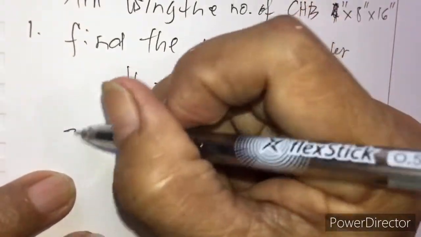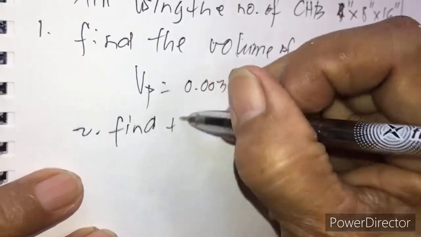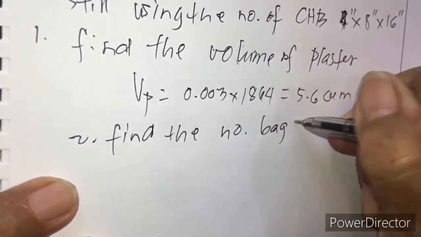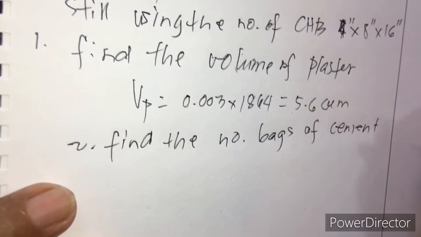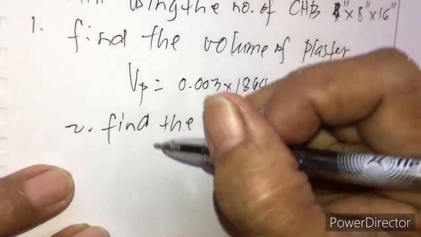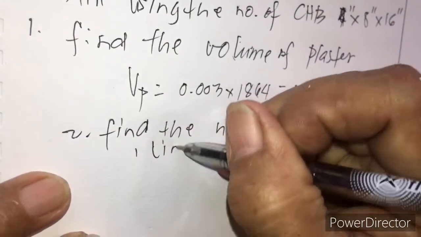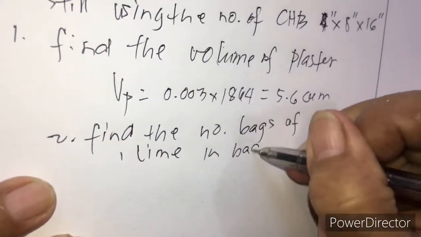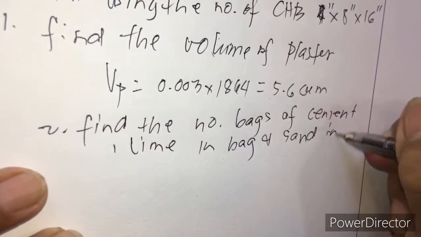Then number 2, find the number of bags of cement and the lime. We use now the lime in bags, and sand in cubic meter.